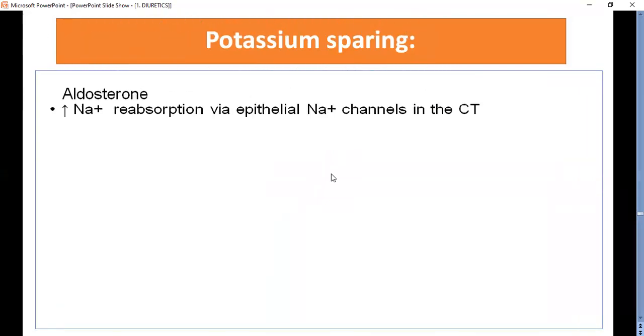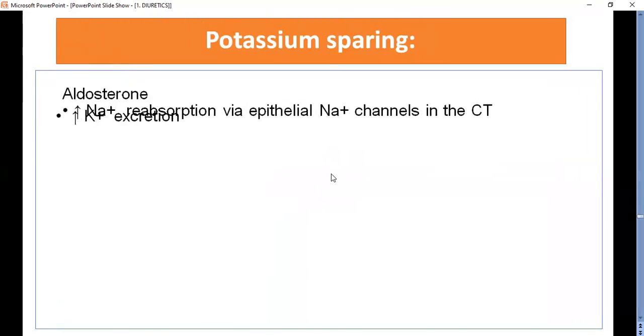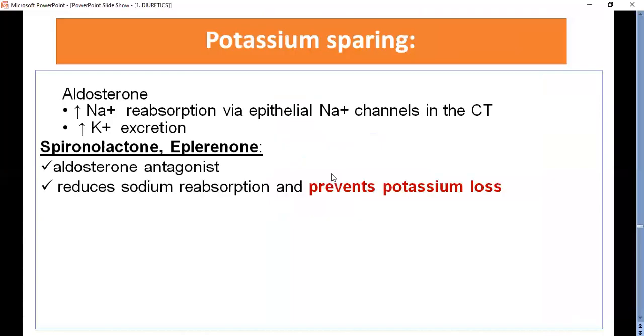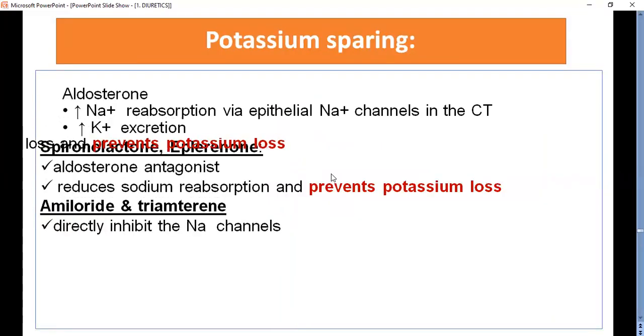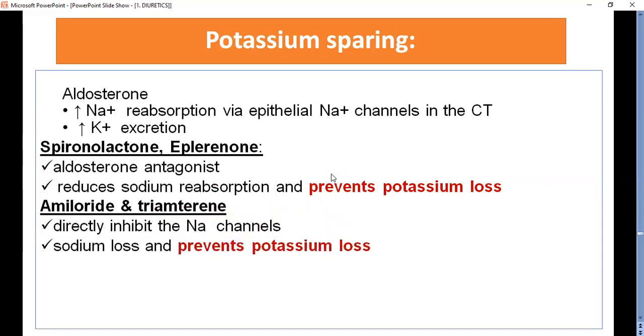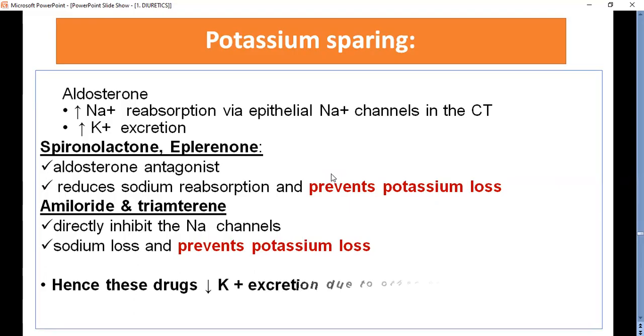So spironolactone and amiloride are known as potassium-sparing diuretics. It helps to prevent potassium loss. So these are used in combination with other diuretics because they counteract the hypokalemic effects of other diuretics like furosemide.